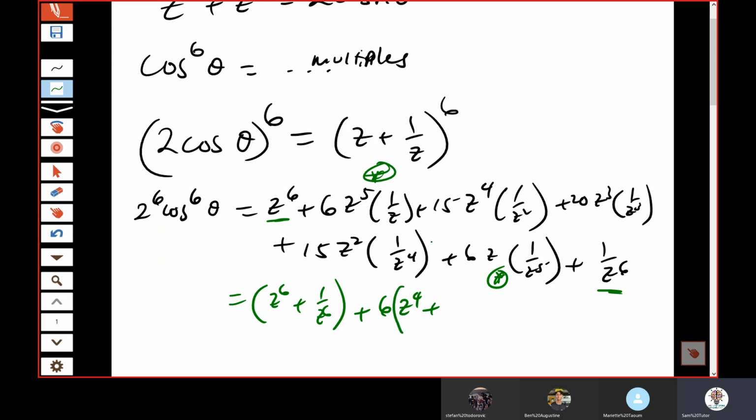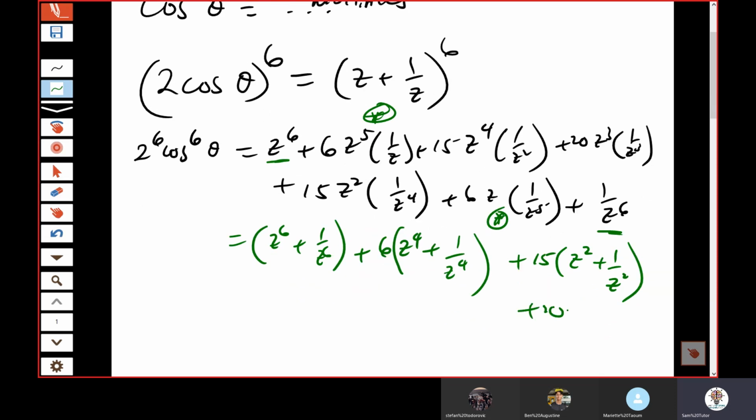I'm just going to factorize the 6 out: z^4 plus 1 on z^4. Plus, do the same thing with 15. It should be z^2 plus 1 on z^2 when you simplify. Plus 20. I'm not grouping that one because z^3 and z^(-3) will cancel out to give you 1.